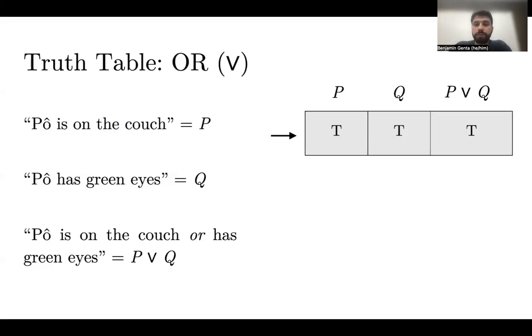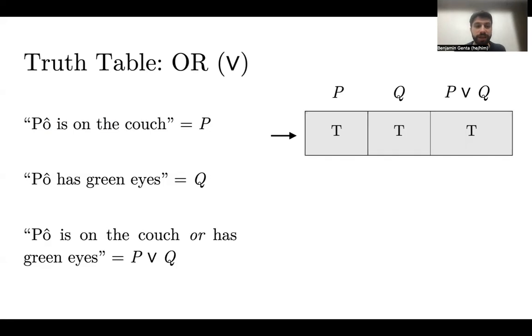So we have the statement P. Let's say it's true. Let's say Beau is on the couch and Beau actually has green eyes. That's a real condition. Then we call this a disjunction. Is this or sentence true or false? Well, both are true. So the statement as a whole is going to be true.